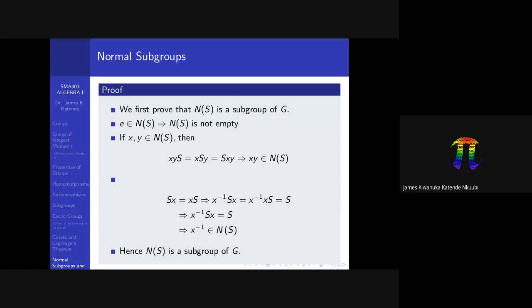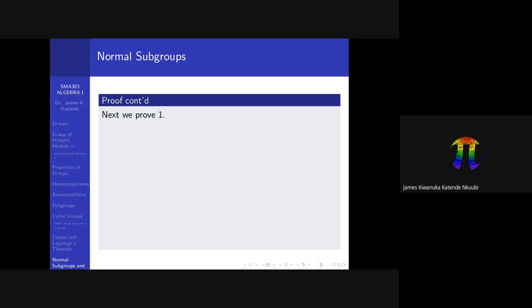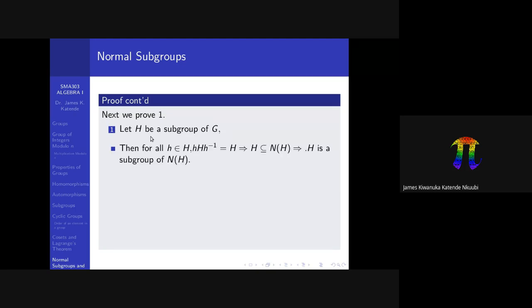So the next thing is to check the first part, the part that is numbered 1 in the theorem, which says that the normalizer of H is the largest subgroup in which H is normal. So now let's fix a subgroup of G. We call it H. If you pick any element from H, then hHh inverse will always be equal to H because of closure, right?